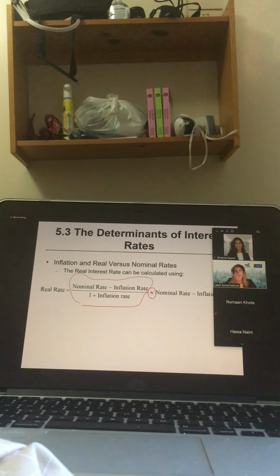If we are in a time in the economy where inflation is high, let's say 3% inflation, then you deduct it and find an estimate quickly. If we are in a period where inflation is really low, around 1%, then you have another estimate in your mind.